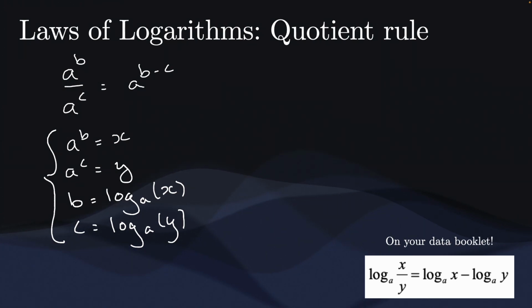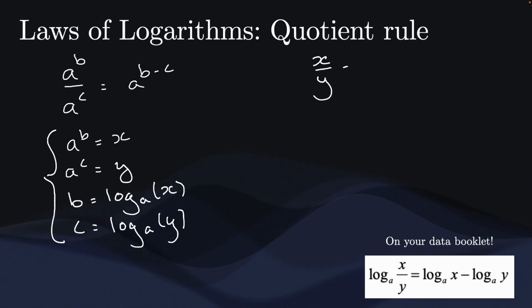And well, like we did previously, a to the power of b is x and a to the power of c is y. Therefore, we can just say that x divided by y is equal to a to the b minus c. And remember, b is log base a of x and c is log base a of y.